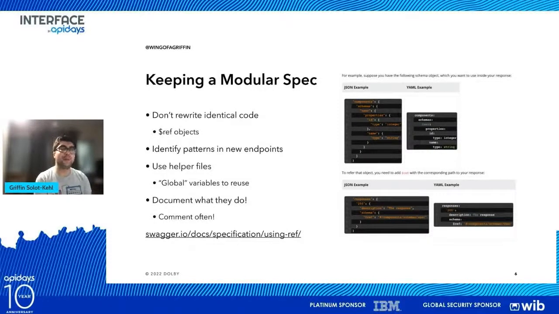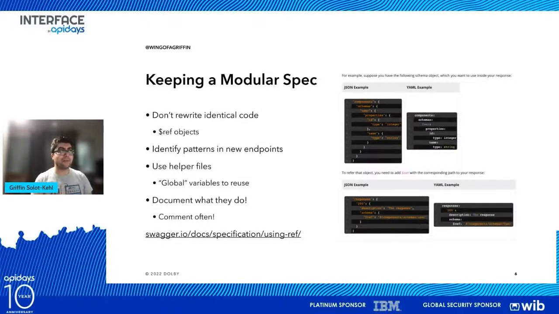You can do the same thing in an OpenAPI specification, which is where the $ref objects come in. The $ref objects allow you to point to other areas within your OpenAPI specification, whether it is in the same file or in a helper file, so that you can reuse them throughout your code. So on the right is the actual OpenAPI documentation showing you how to do it, both in JSON and YAML.